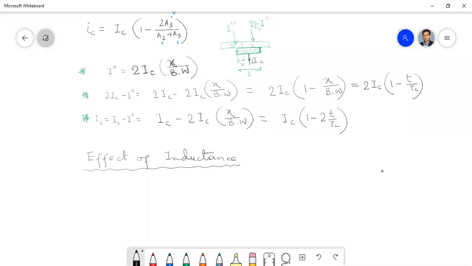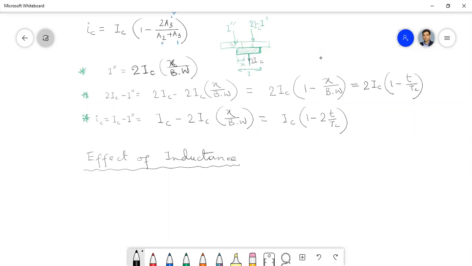How does it oppose the change in current? It induces a voltage against that change, and that voltage is proportional to the change with respect to time, isn't it? That voltage which it induces is L di/dt. So that you all know.